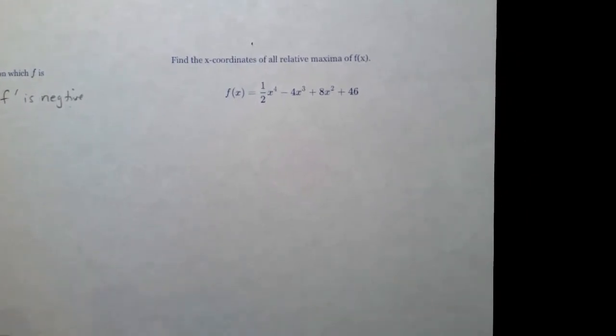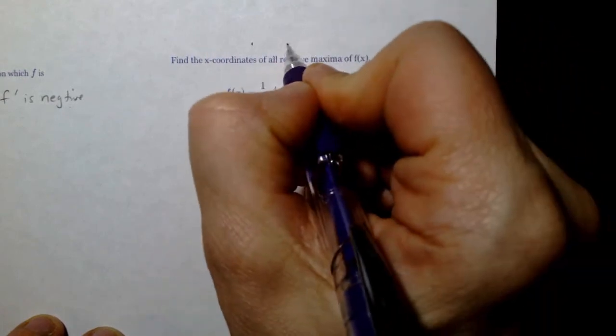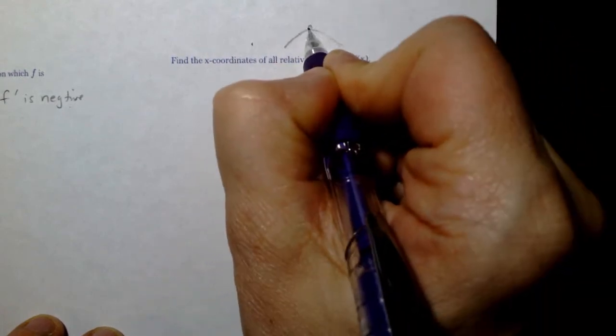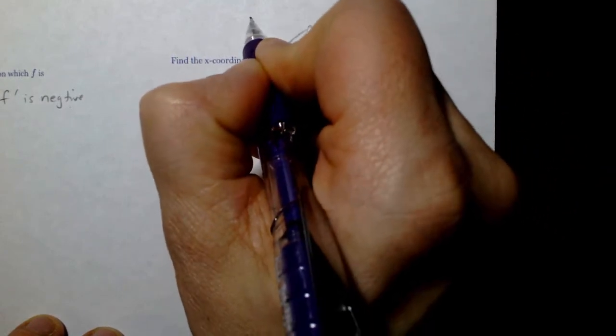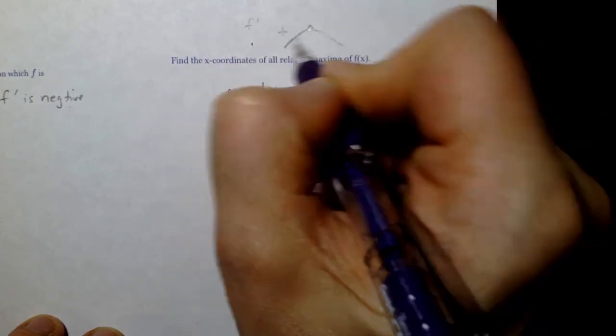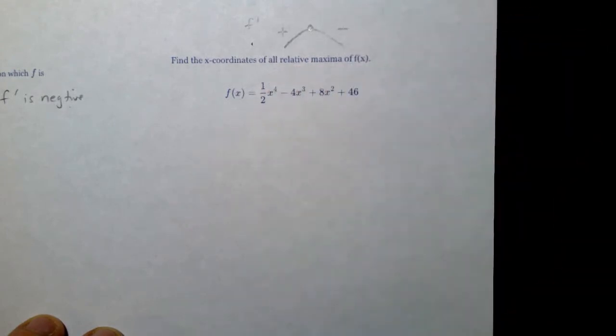Now, find all of the x-coordinates of the relative maxima. So let's break this down. Relative maxima are going to be the mountaintops. The mountaintops have slope, so if I'm talking about f prime, that's positive, followed by negative. And we want to find the x-coordinates of that situation.